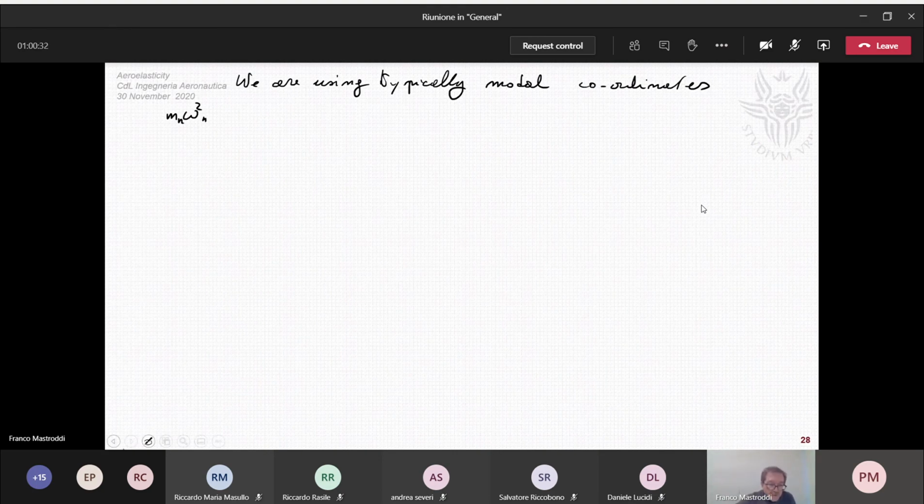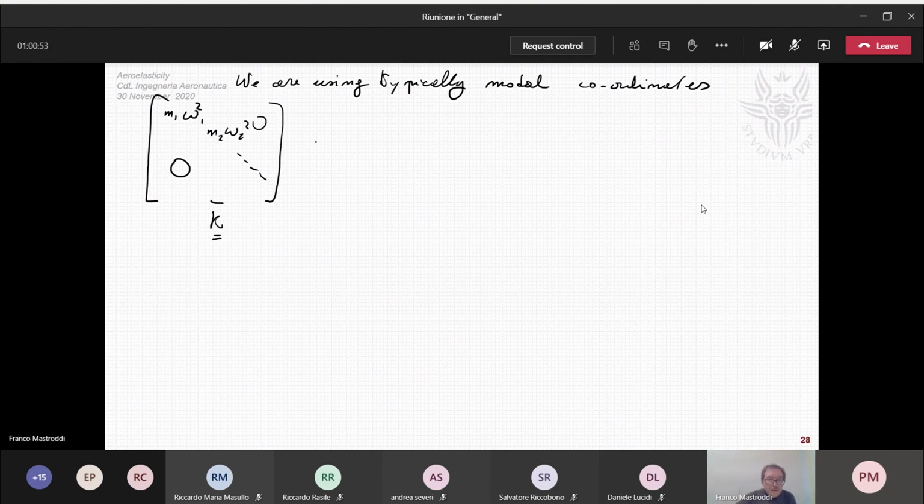So we have m1 omega 1 square, m2 omega 2 square, and then all the other, and zeros elsewhere. This is the K bar matrix, minus.